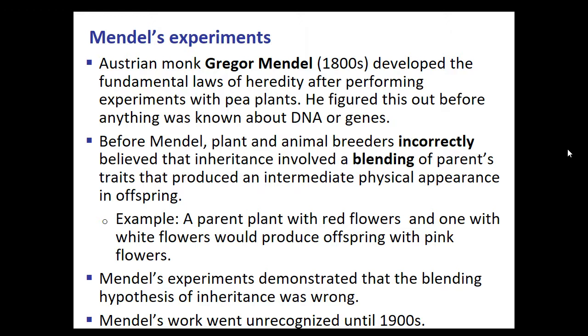So before Mendel, people had been breeding plants and animals for many, many years. They knew that if you wanted dogs or some kind of livestock, any domesticated animals, with certain characteristics, the best way to get that would be to breed two parents who had that characteristic, and you were likely to get it in the offspring.